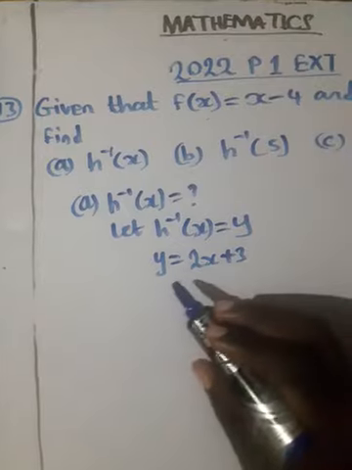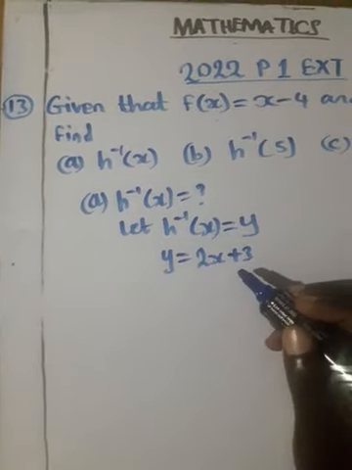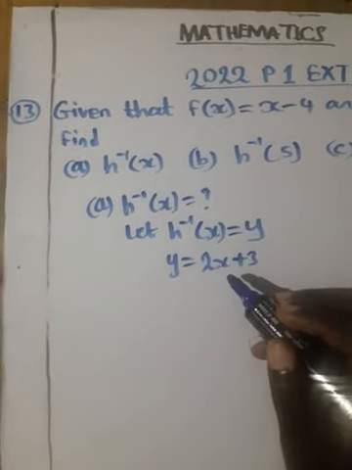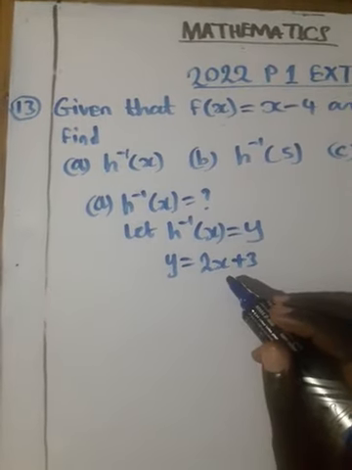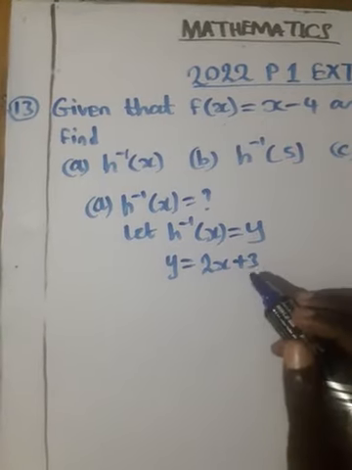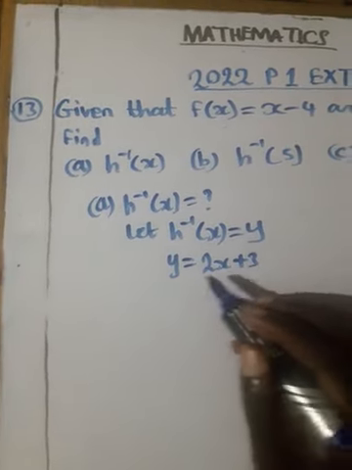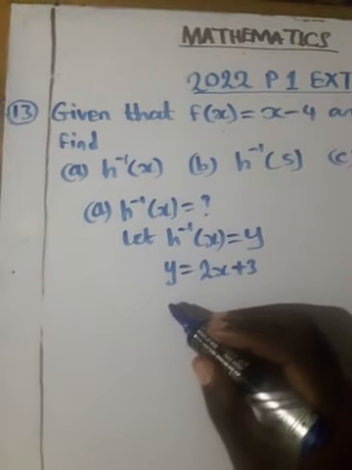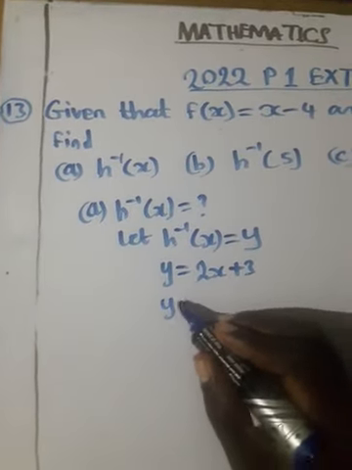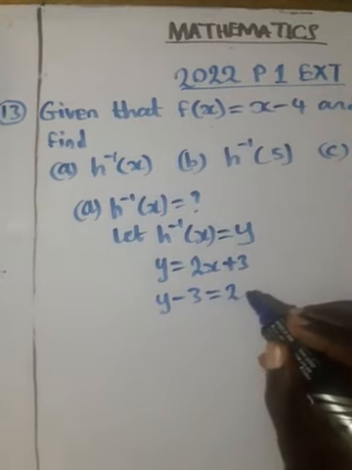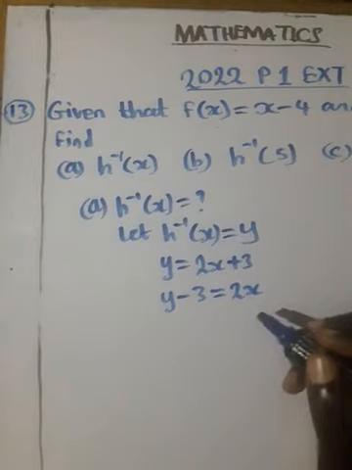After writing this equation, we have to make x the subject of the equation by taking 3 to y. This is positive, so once it crosses the equal sign, it will become negative. So it will be y minus 3 equal to 2x.